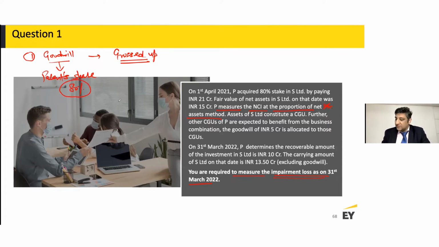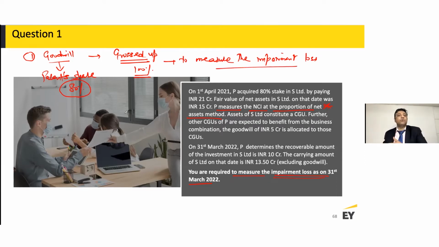We need to gross it up to 100% to measure the impairment loss calculation. So that's the way we want to flow, and the way we want to move ahead with this particular question's requirement.